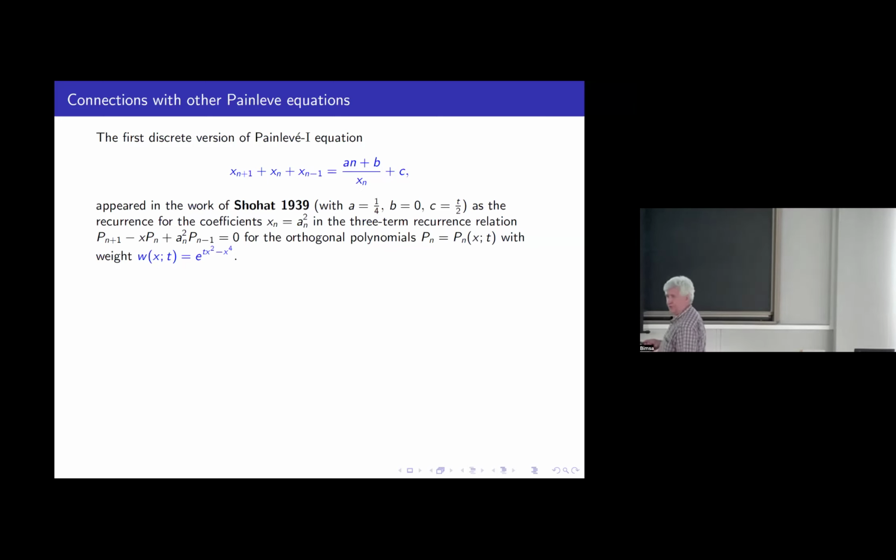So this is the story of orthogonal polynomials. You take a weight, which is sometimes called Freud, but I don't like this terminology because Freud is 1970, and Shabat did it in 39. Anyway, it's natural. You take, rather than exponential of minus x squared, exponential of minus x to the 4, and you have a parameter t here, right?